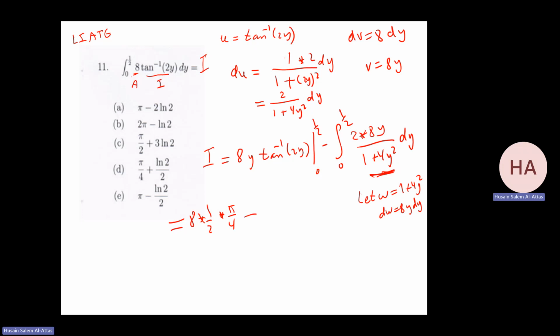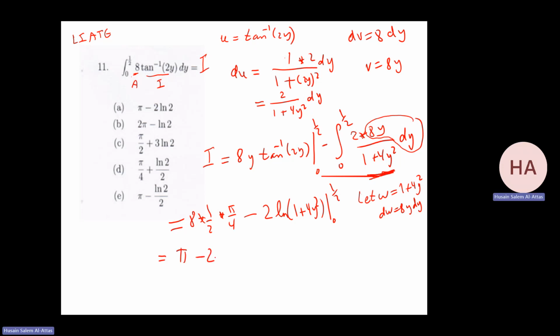Minus what? If this is u, this is du, this will be dw. If w equals 1 plus 4y squared, that will be dw. So I have dw over w, so that will be minus 2 ln(1 plus 4y squared) from 0 to half. So that gives me what?